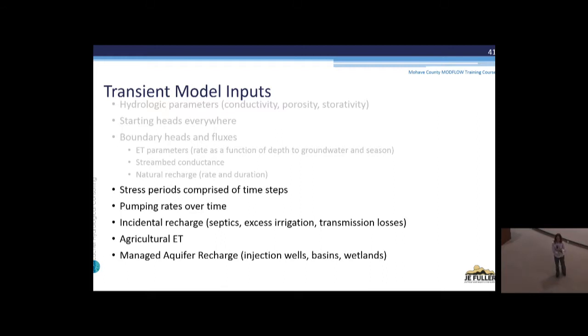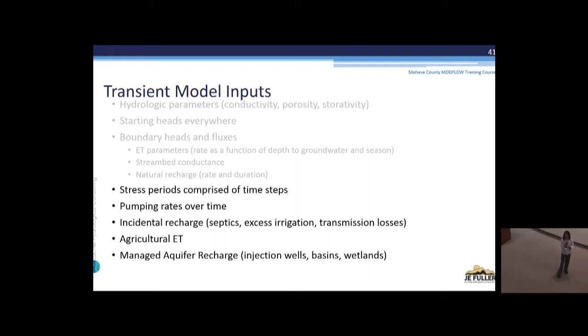And I'm not a septic installer. Please don't take me too much at my word on this. But what I understand is that modern septic systems, the standards have changed a bit, and there tends to be more evaporative losses and less recharge. So the newer the subdivision, if it has septics that are less than 50 years old or whatever, tend to recharge less.